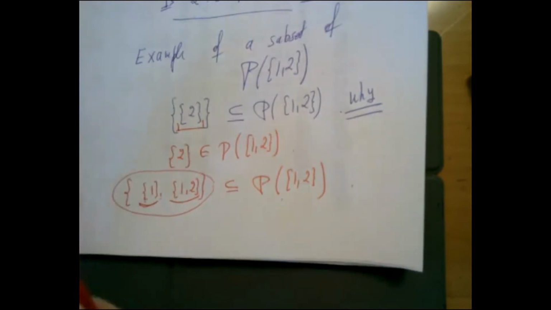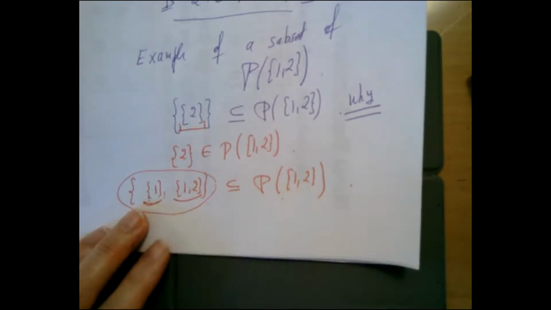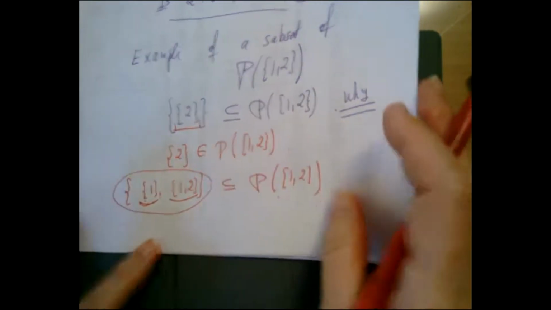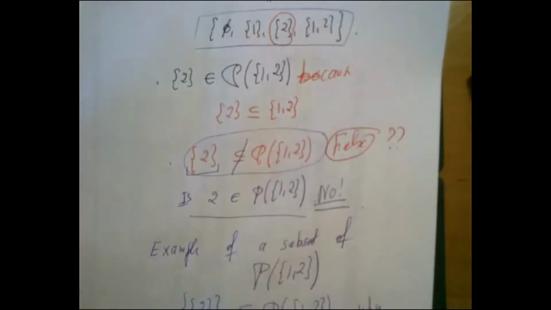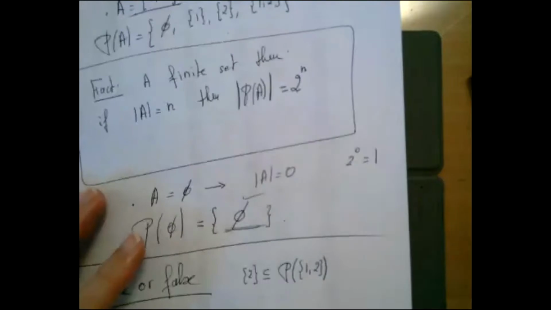So to check whether something is a subset, you go element by element, and you make sure that each element is inside your bigger set. That's the inclusion. Belong, an element of, you just ask yourself, is it one of those? That's what an element is. All right, one more question about power sets, and then we're going to construct another set. So my question is again a true and false.